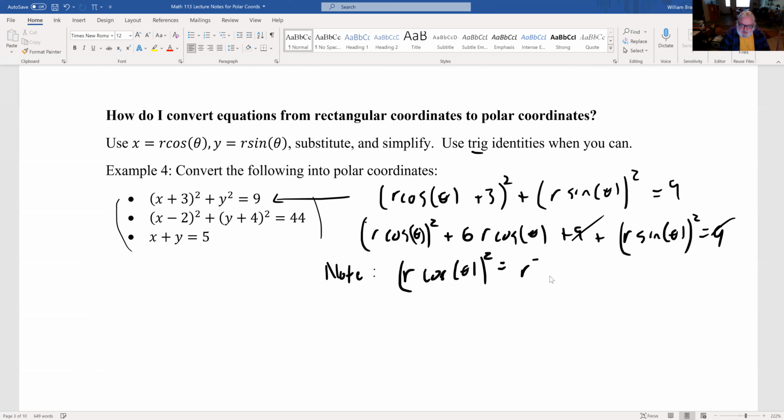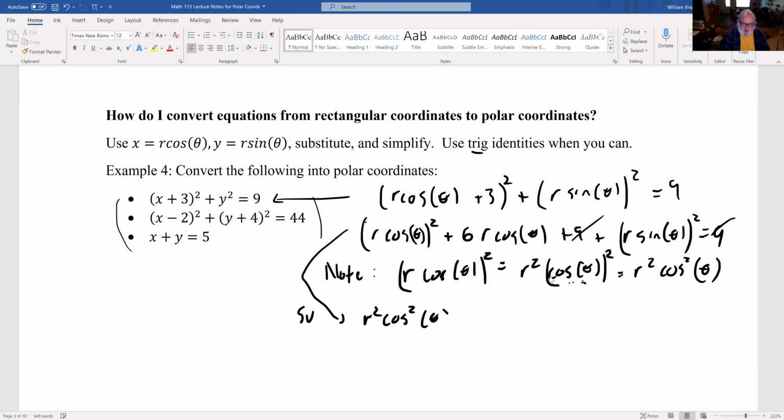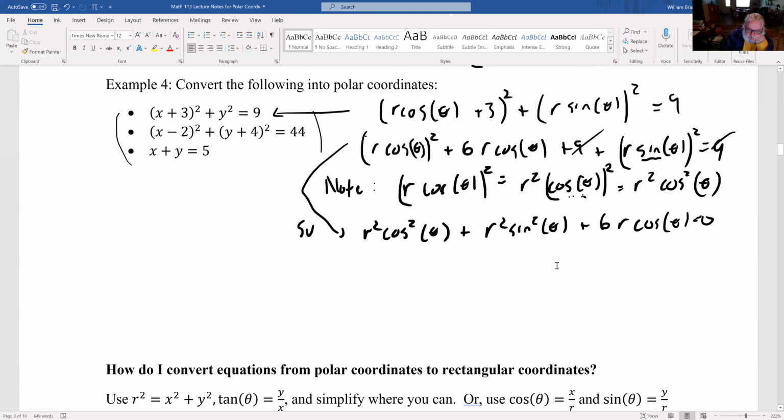The squared distributes because it's multiplication, and you get cosine theta quantity squared. And we have a special notation for trig functions that are squared. We actually put the 2 on the trig function. So this becomes r squared cosine squared theta plus r squared sine squared theta plus 6r cosine theta equals 0. Okay, so how can we solve that?